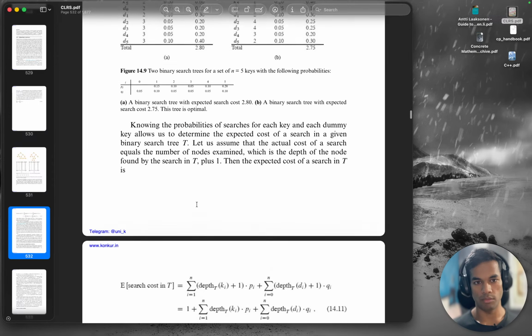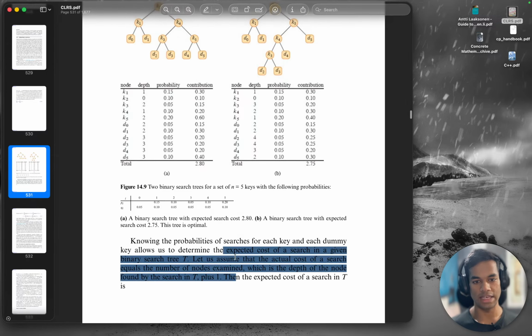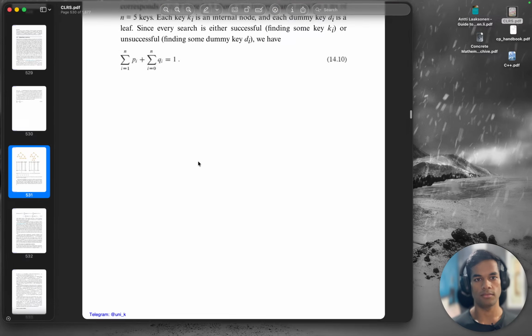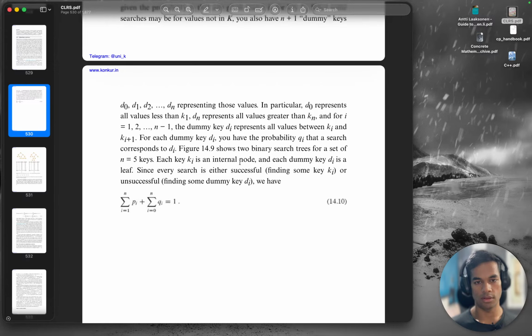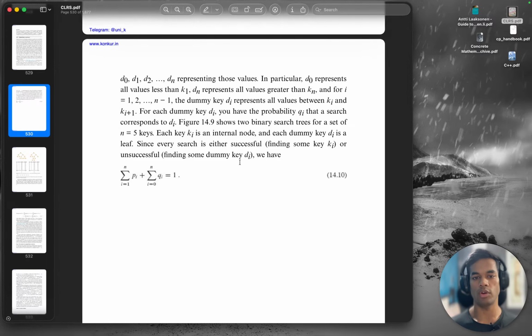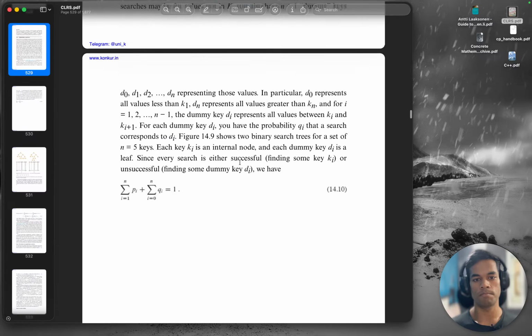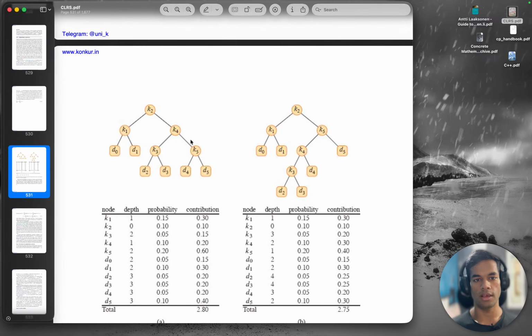But if we know beforehand that some keys have higher probability of being looked up and some keys have lower probabilities of being looked up, then what we can do is put those keys higher up, closer to the root, so that when we are looking for keys with higher frequencies of lookup, we do not have to traverse through a lot of nodes.